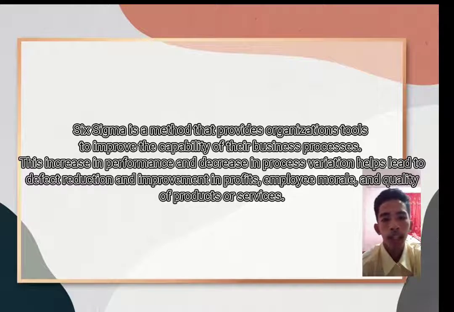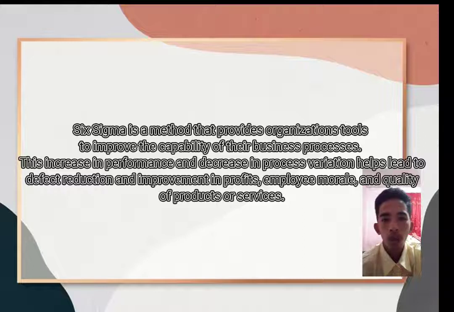Six Sigma is a method that provides organizations tools to improve the capability of their business processes. This increase in performance and decrease in process variation helps lead to defect reduction and improvement in profits, employee morale, and quality of products or services.